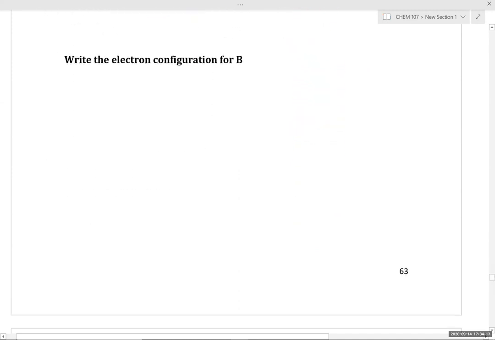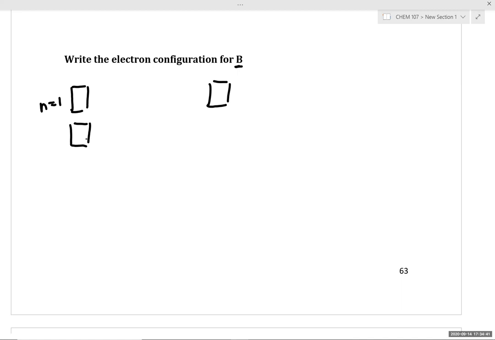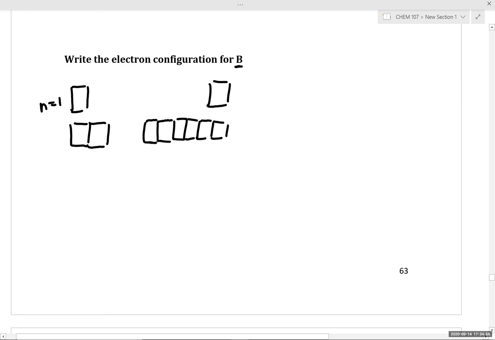So I'm going to show another example, this time for boron, and we're going to showcase how both methods can function. So let's draw out our sample periodic table, and let's try to write out the configuration for boron.